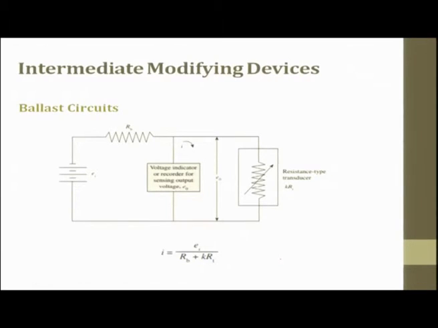So, the next one is going to be the ballast circuit. So, here we will have EI, which is an applied voltage.